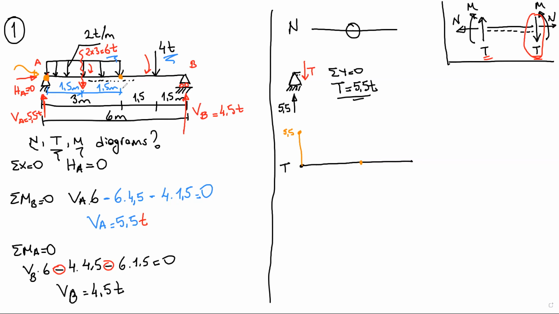The total magnitude of this uniform distributed load is 6. So 5.5 minus 6 will give me the shear force at this point, which is the end of the uniform distributed load. So it's minus 0.5, negative 0.5. It's gonna be here.